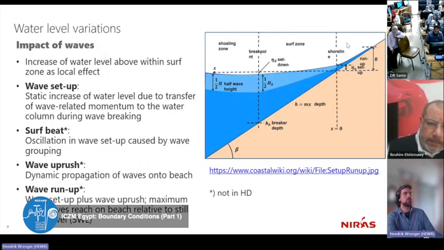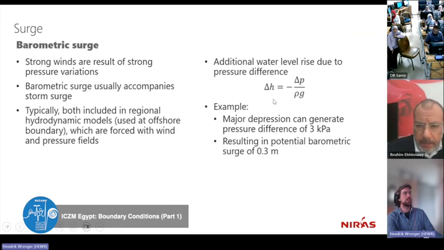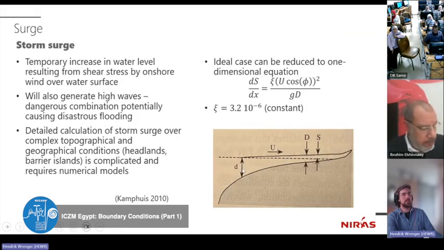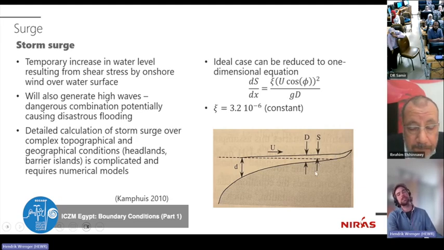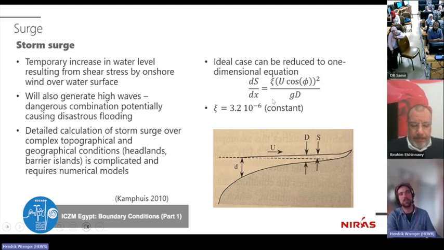So if you have in your profile a steep slope in the beginning and then a lot of shallow water, then you get more wind setup than with deep water and then a steep slope. The slope itself doesn't go in as a parameter. It's the instantaneous water depth along your profile that goes into this equation.